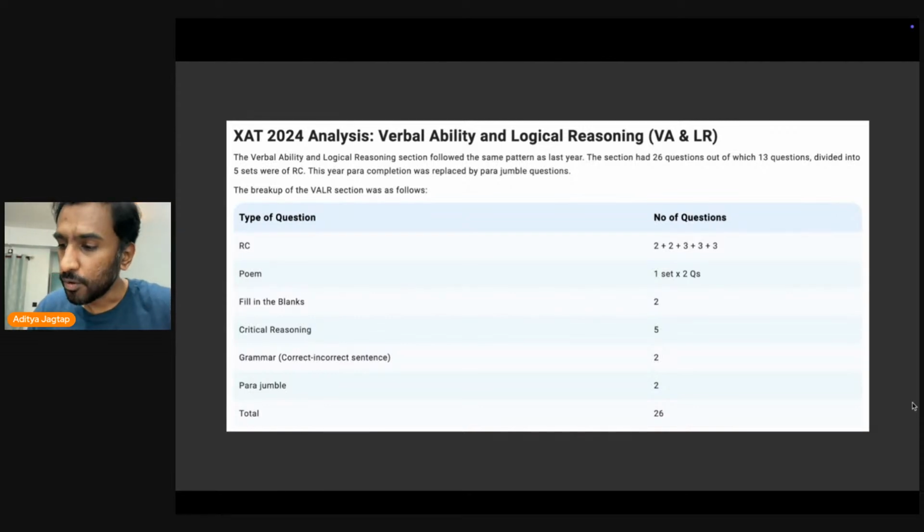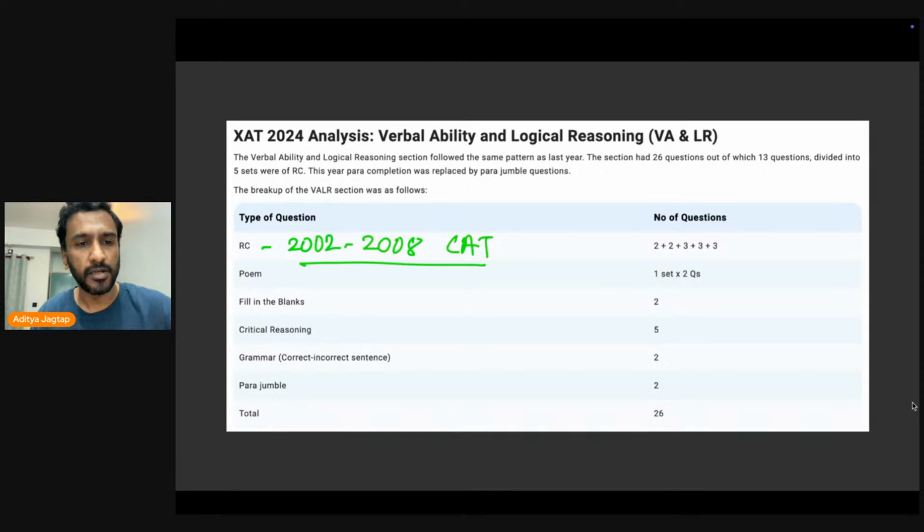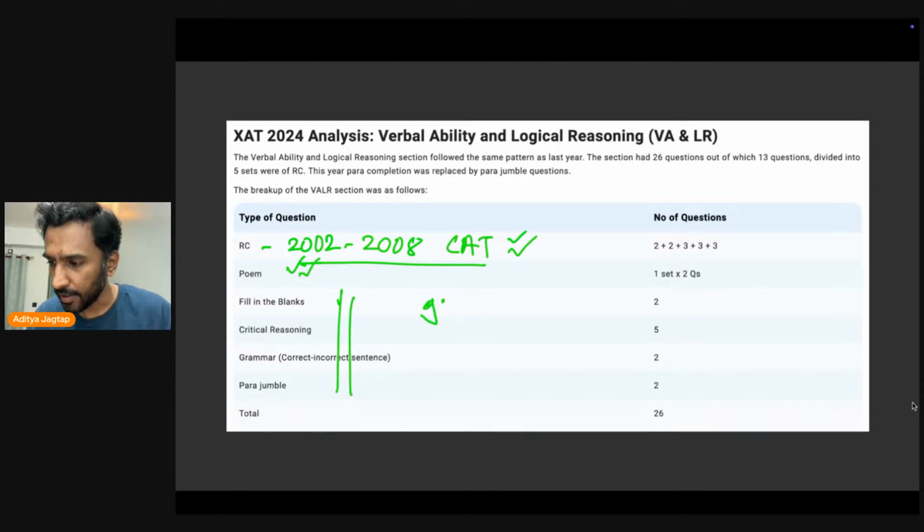Now, if you go to the 2002 to 2008 CAT papers, you will find multiple difficult RCs, similar to the XAT RCs. Of course, these are slightly longer, but they're actually important. You'll also find some poems in there somewhere. And of course, you can find these questions from the 1991 CAT paper till 2008.